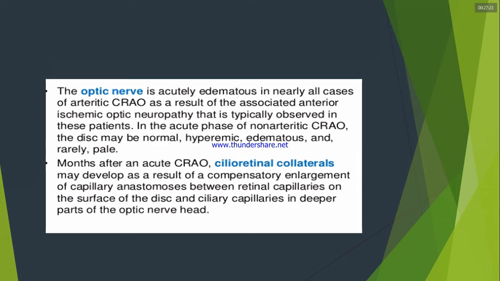Months after the acute CRAO, cilioretinal collaterals may develop as a result of compensatory enlargement of the capillary anastomosis. These collaterals are capillary anastomoses which develop gradually between the retinal capillaries on the surface of the disc, and sometimes you may confuse these collaterals with new vessels.